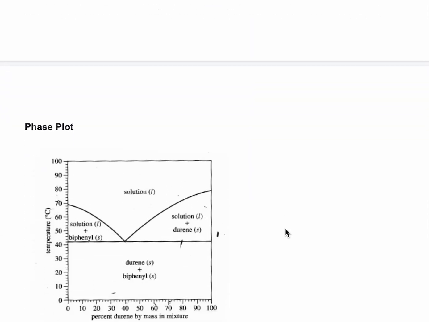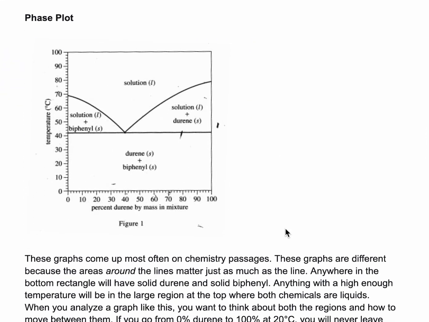Let's look at another one, a phase plot. Okay. So here, in this whole region, it's not the lines that matter. The lines are the boundary areas, or set the boundaries for the areas, and it's the areas that matter. So in this region, any percent Durine, but only up to 42 degrees Celsius, both Durine and biphenyl will be solids.